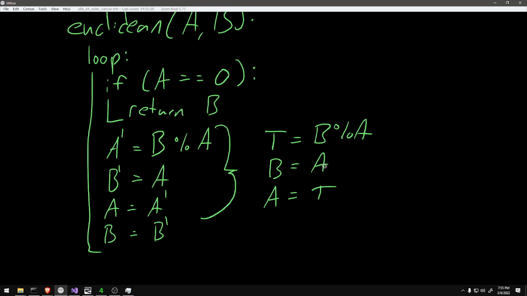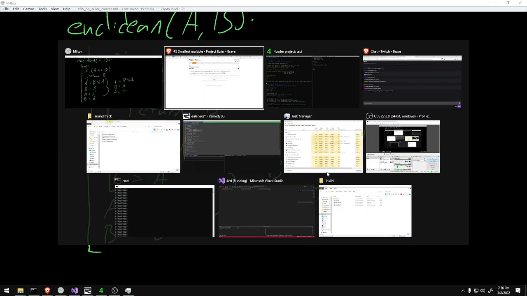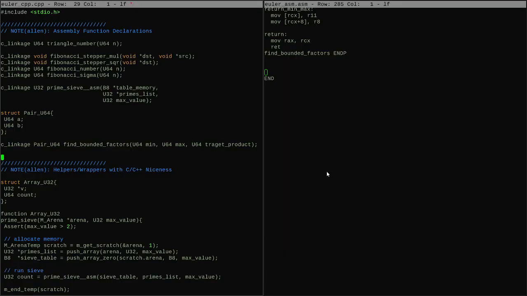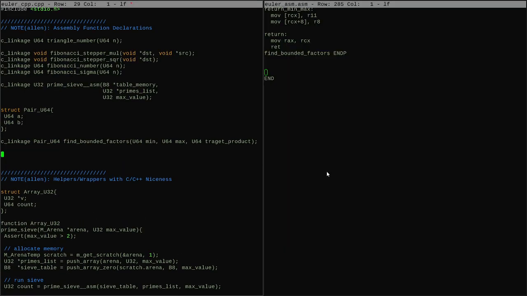And you notice we can't immediately do A equals B modulo A because we still have to put that there, and we can't immediately do B equals A because then we throw away the actual value of A, so we need one temporary in the middle there. But that is how I'll do it. So we write a Euclidean algorithm, we wrap that in an LCM, and then we write the final loop. So time to do some of this.